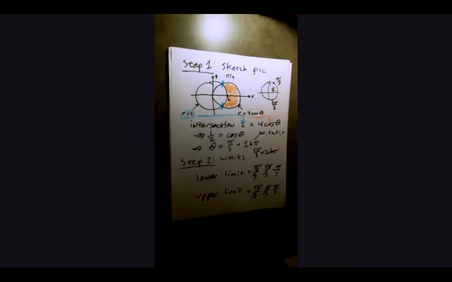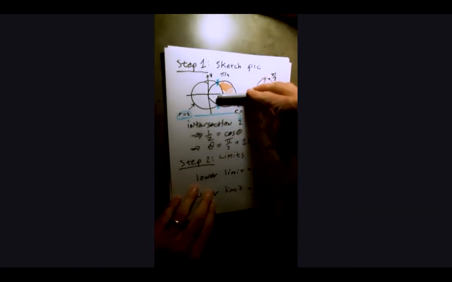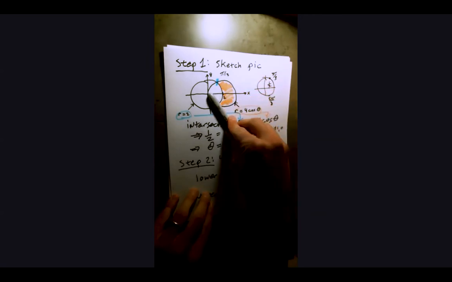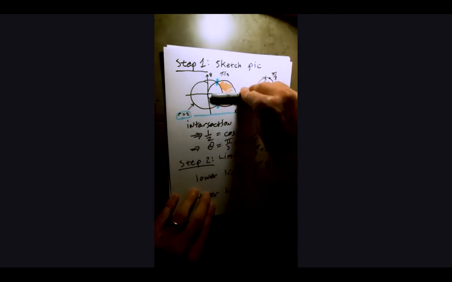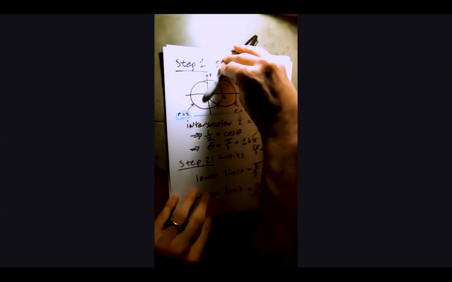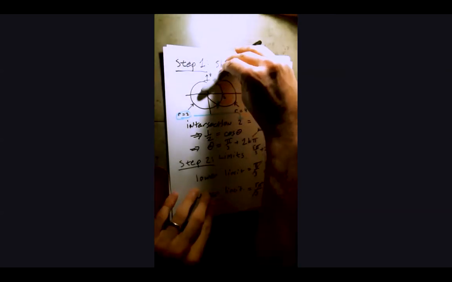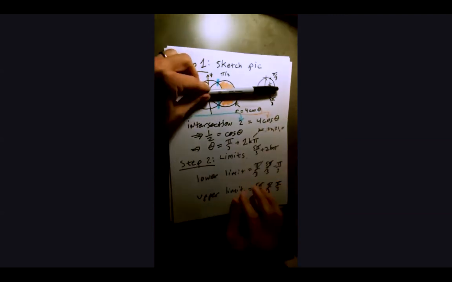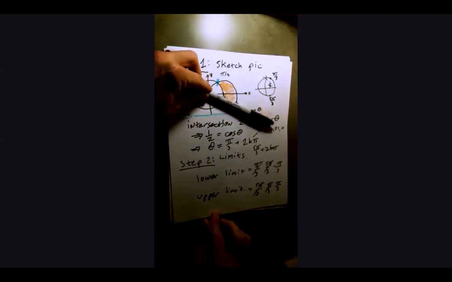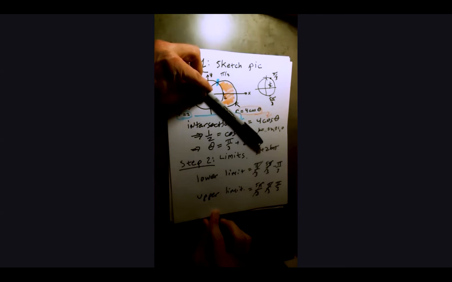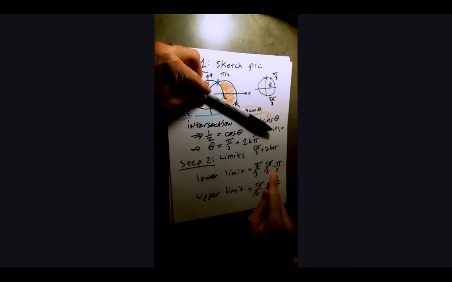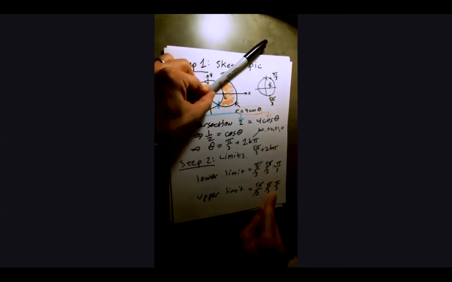So here's 0. Let's start at negative pi over 3 and work our way past 0 to pi over 3. That make sense? Here's 0, just by way of reference. Start at negative pi over 3 as your lower limit and work your way to pi over 3, which is your upper limit.